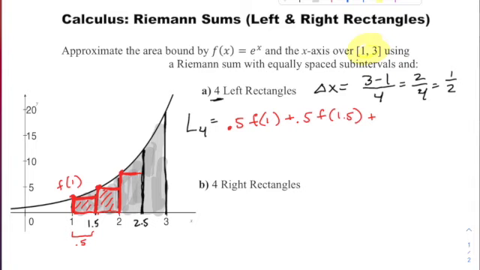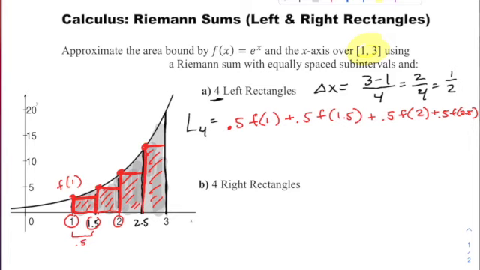So where that hits the curve, so that would be again a base of 0.5 times f of 2, right? That's where we're using this value here. These are the three values we're plugging into the function to get those heights. And for my fourth rectangle, we're using this last region here. We are using 2.5 to plug into the function and get the height. So that would be, again, another 0.5 times f of 2.5.